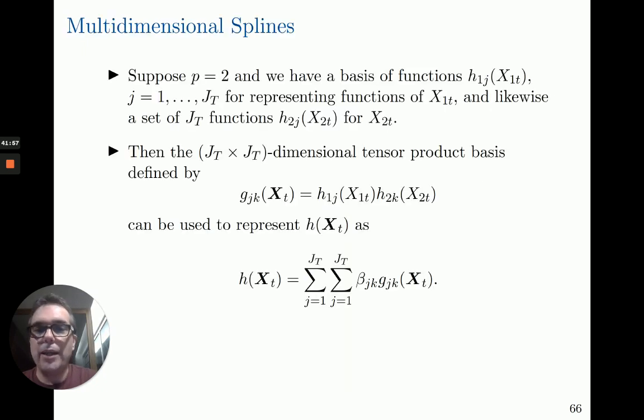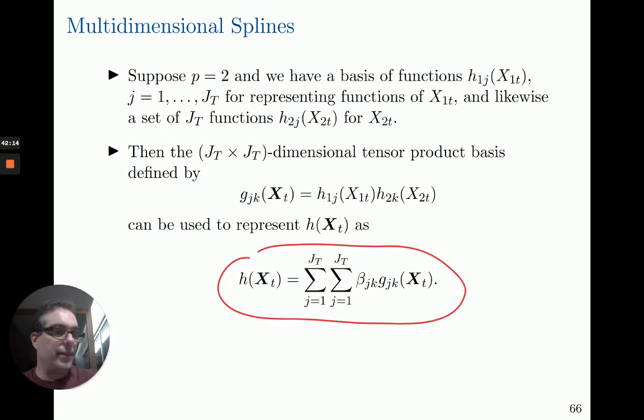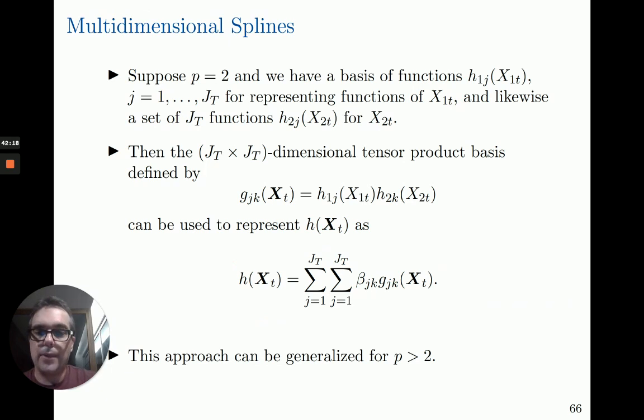Okay. We can do multi-dimensional splines by considering tensor products. So looking at the products of two splines, okay, and we can represent our final function as a sum over these tensor products, okay? And we can generalize this for p much larger than 2. Of course, things start to get complicated in large dimensions.